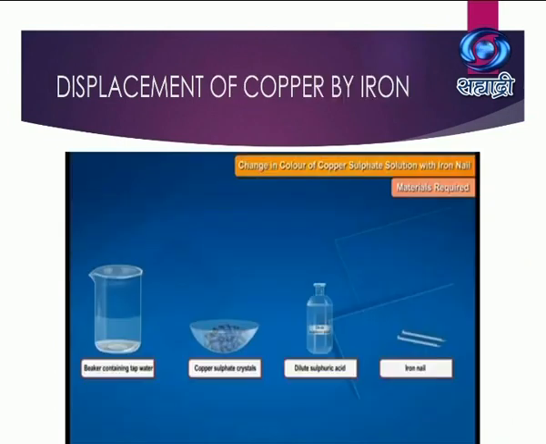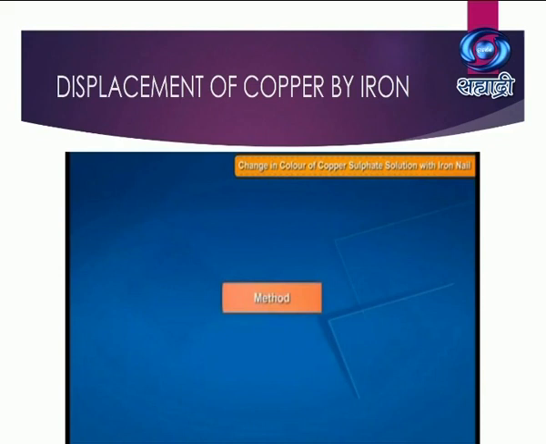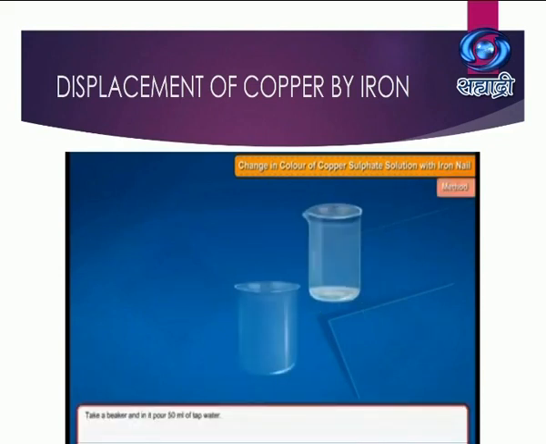Here we have one more video to show displacement of copper by iron. This reaction you must have seen already. We are just going to demonstrate this. Materials: copper sulfate, iron nails. Method. Take a beaker and pour 50 ml of tap water in it.